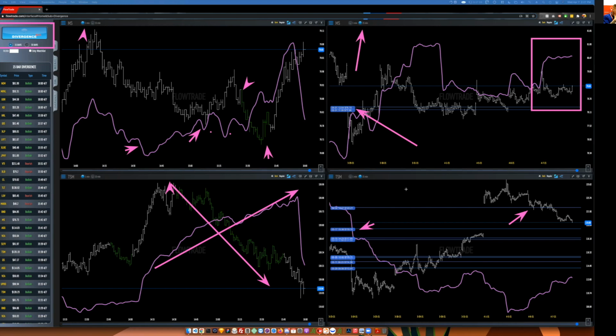But it's not required. You can trade however you'd like. If you have an established system, if you like to use support and resistance or Keltner channels or Bollinger Bands, Ichimoku clouds, any system that's working for you, you can use the FlowTrade system with.